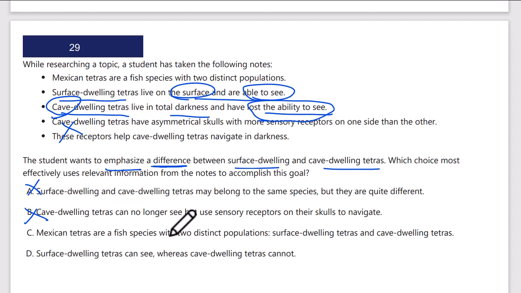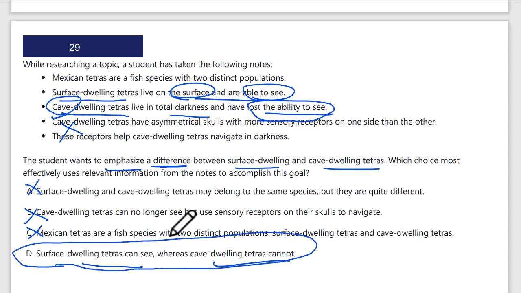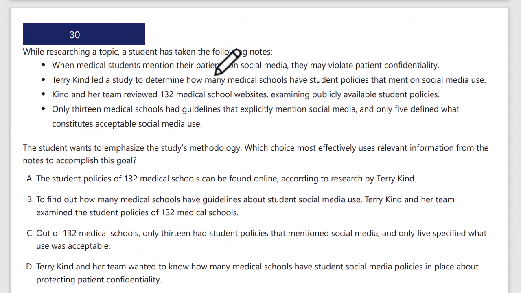We need two things to set up a difference, or a similarity. Mexican tetras are a fish species with two different populations. Surface-dwelling, okay, that's just setting up that there are two of them. Surface-dwelling can see, cave-dwelling cannot. That is the key difference. That's the answer, D.